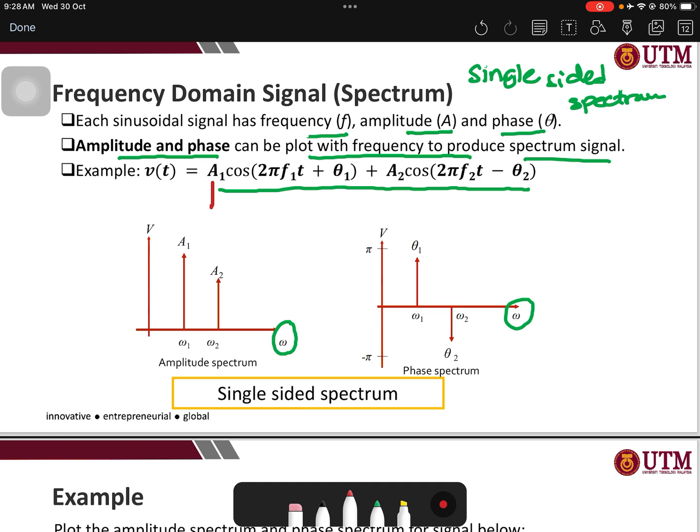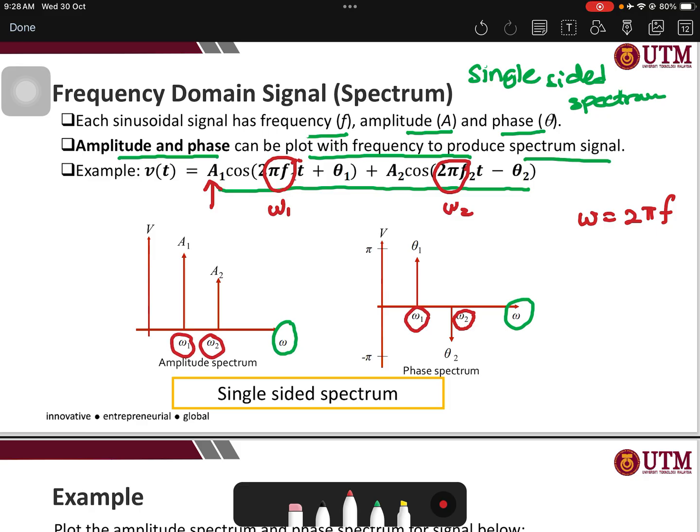You know that this one is your omega 1, and this one, 2 pi f, is omega 2, because omega is equal to 2 pi f. So we can directly sketch and label omega 1 and omega 2.